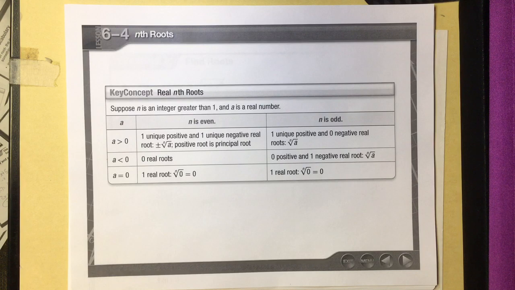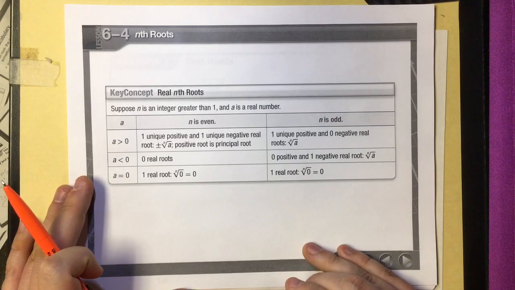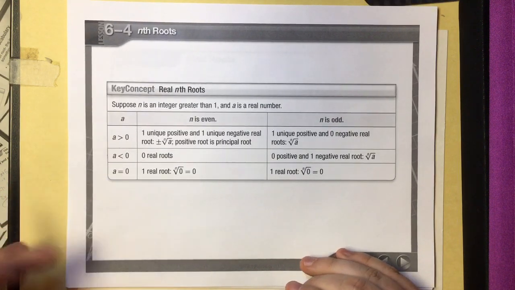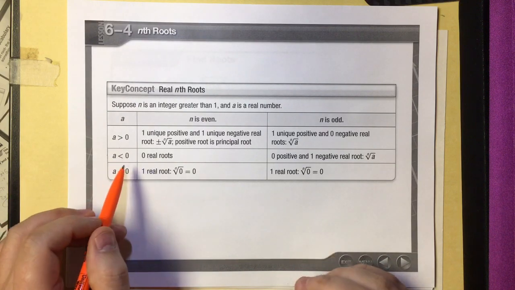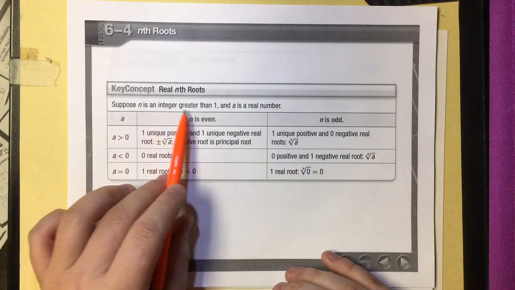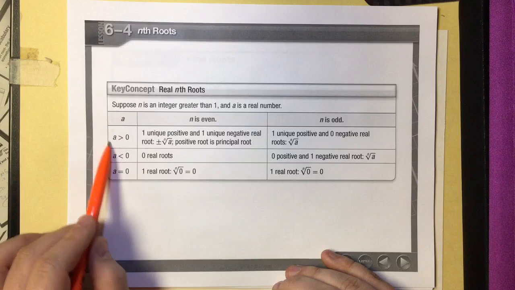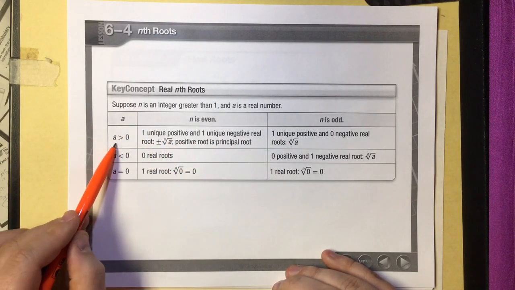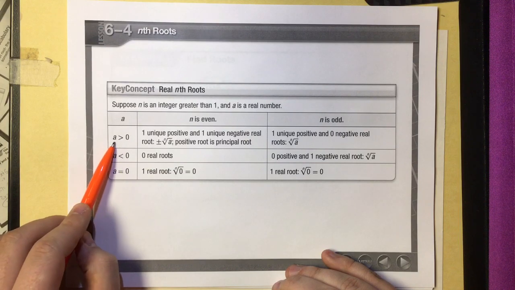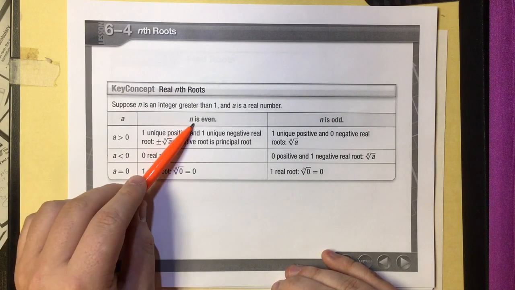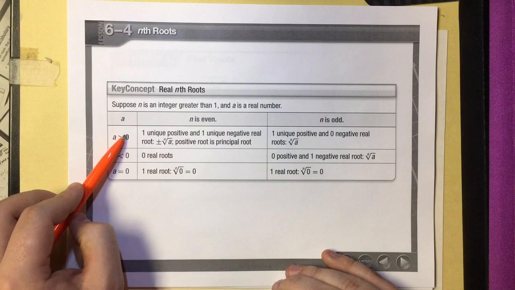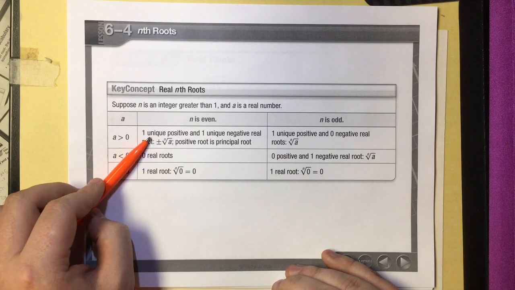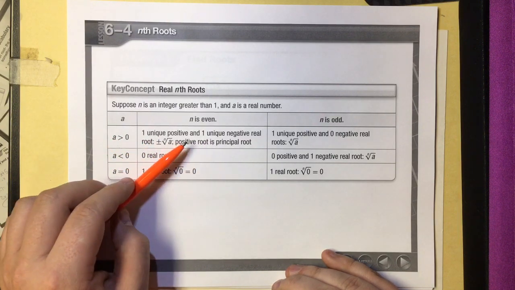All right. This right here is just a little chart to think about. It says if n is an integer greater than 1 and a is a real number. So a is any real number, and then in this first row here, it's a positive real number, so any positive number. If we take an even root of a positive number, we're going to have one positive and one negative real root.